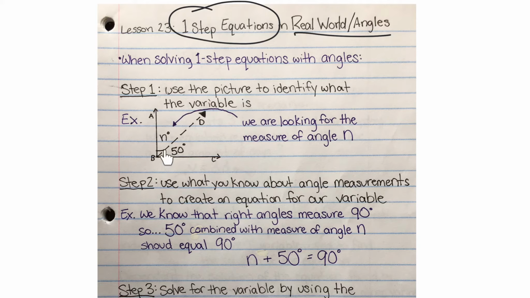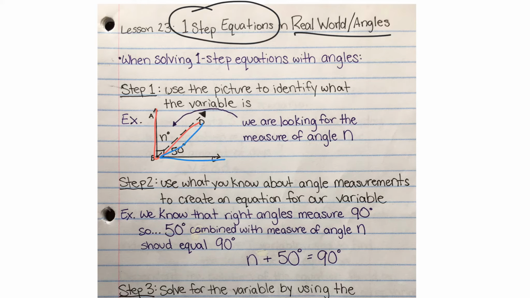We know it's right because it has this little square in the corner, which means it is a right angle. We have split this right angle into 2 using ray D here. So we've created 2 angles, ABD and DBC. I'll outline those in red and in blue.